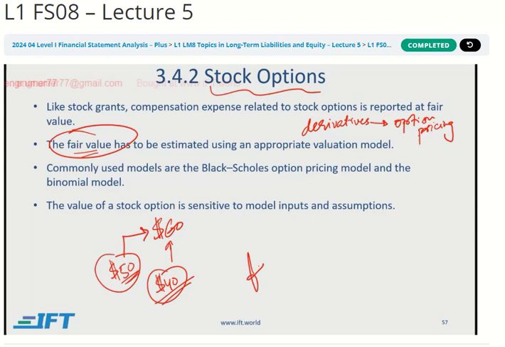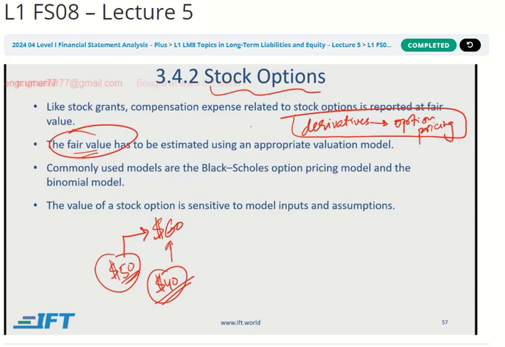So when we talk about the fair value of an option, it is equal to the intrinsic value plus the time value. And let me not go into details, because you're going to be learning all about that in your derivatives study material anyway for option pricing.